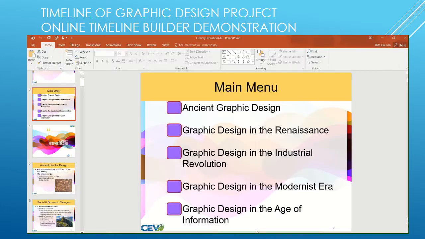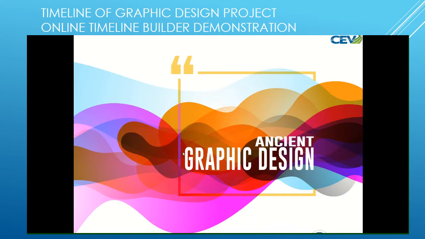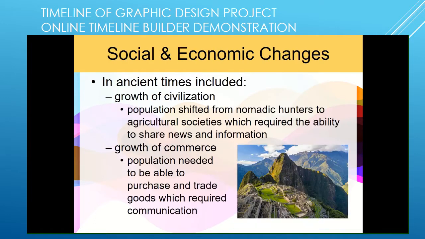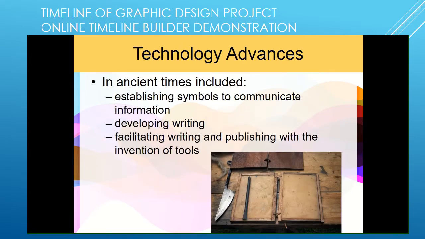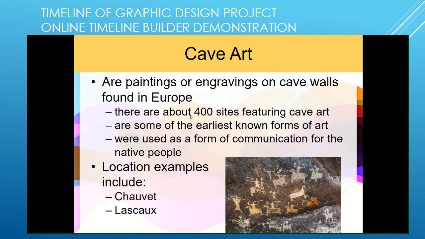I'm going to present this so I can show you. Let's say we're going to start with the ancient graphic design. You're going to go through and find specific items that you want to include. During the ancient timeline, these were the things that were created: European cave art.